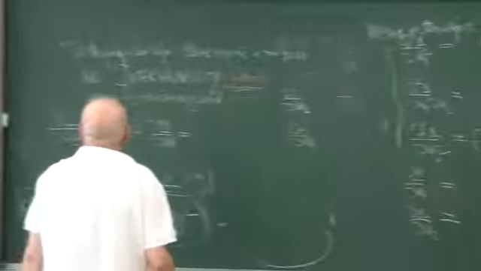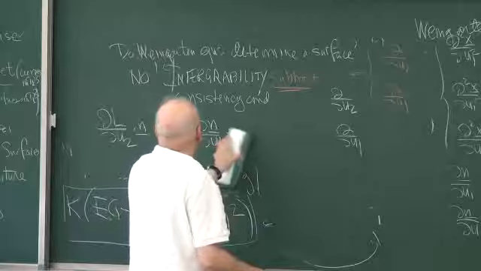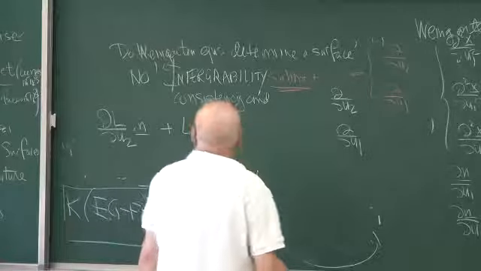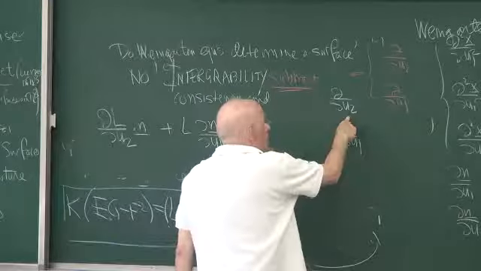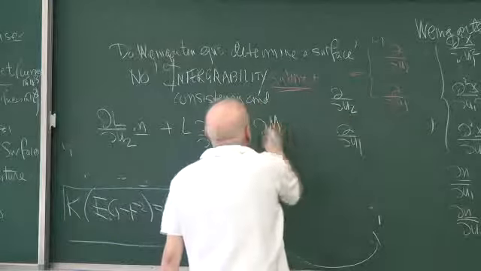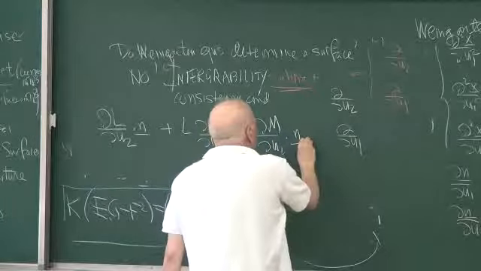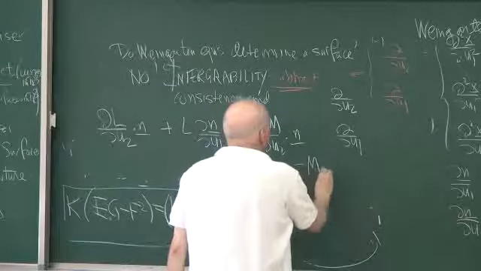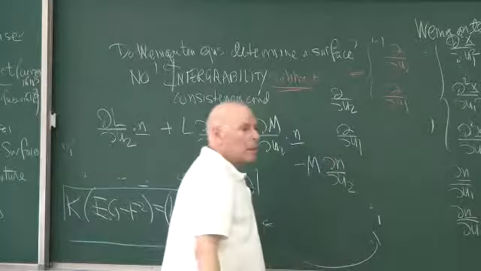So I'll have that. And then I have to subtract the other one. So subtract off, and I have to take the second one with respect to u2, so it'll be the partial of M with respect to u2 in the N direction, and then minus M times the partial of N with respect to u2.